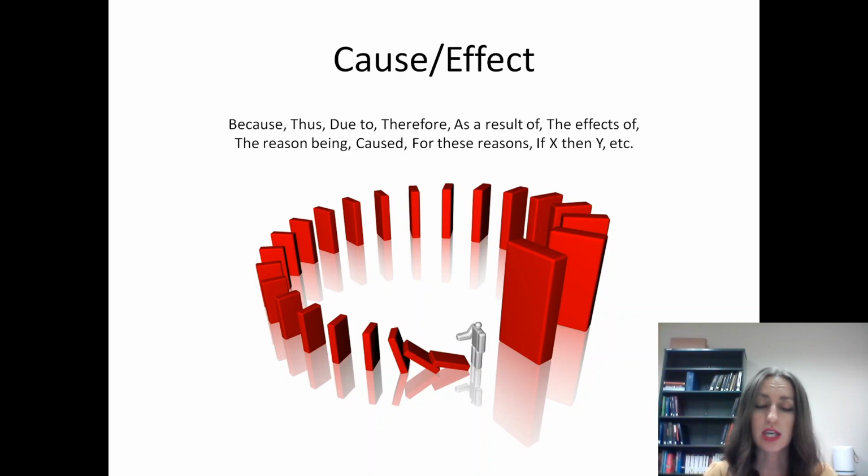This is going to use keywords like because, thus, due to, therefore, as a result of, the effects of, the reason being, caused, for these reasons, if X then Y, etc. Those are keywords to pay attention to that are demonstrating cause and effect. Cause and effect attempts to persuade the audience to accept the author's view of reality and to view things rationally and logically.